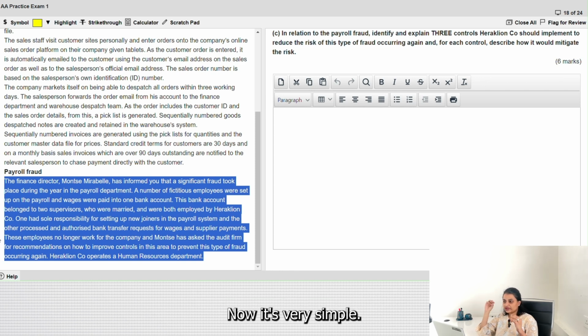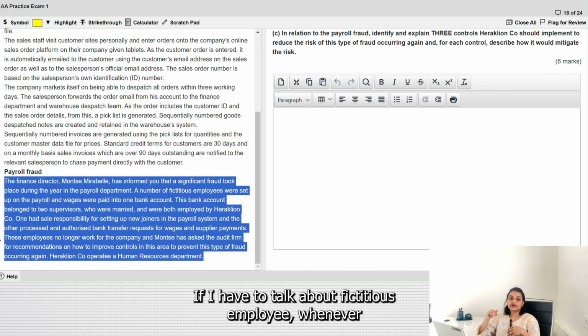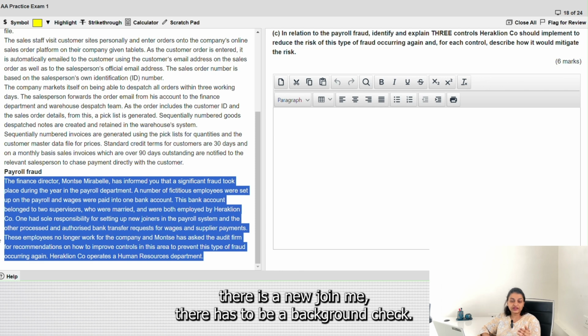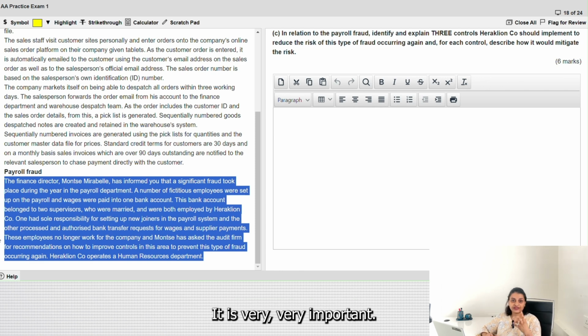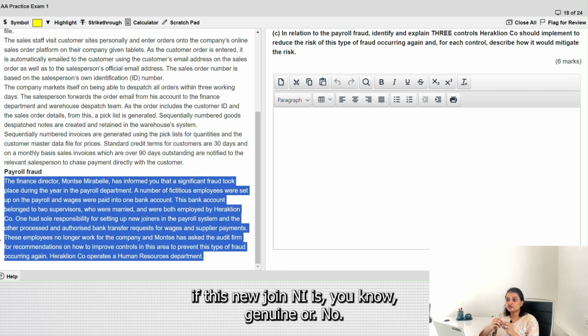Now it's very simple, the 3 controls here are very simple. If I have to talk about fictitious employees, whenever there is a new joiner, there has to be a background check. It is very important. So that way you will be able to identify if this new joiner is genuine or not.